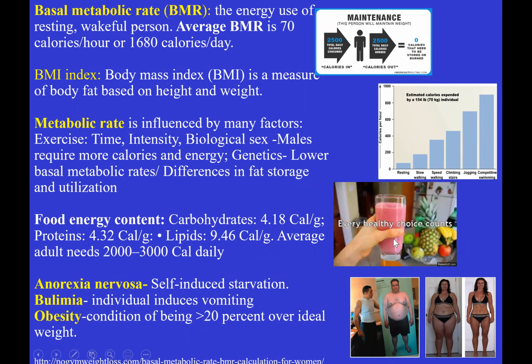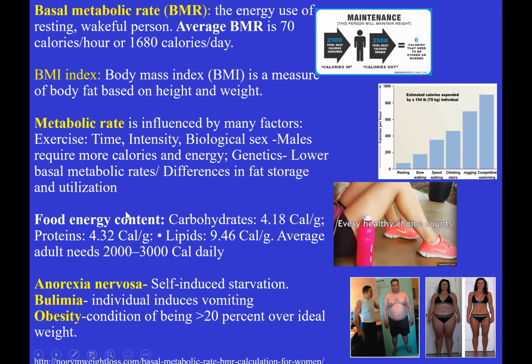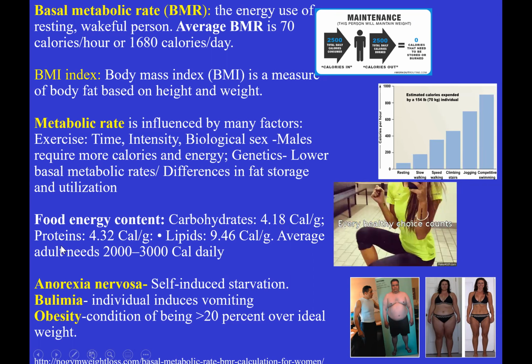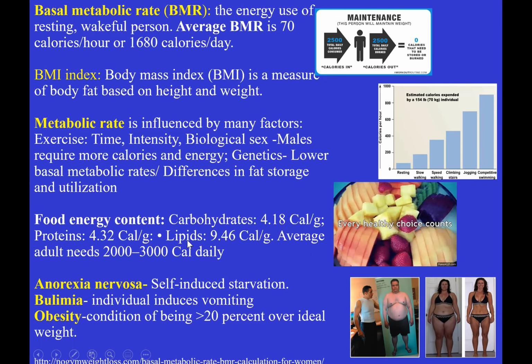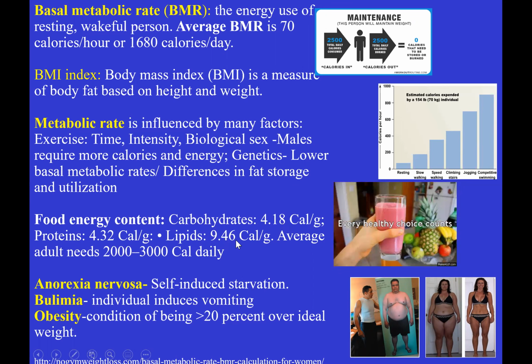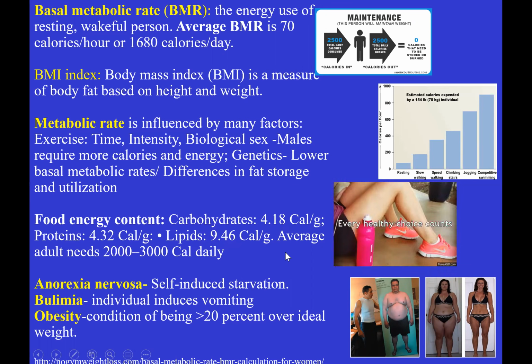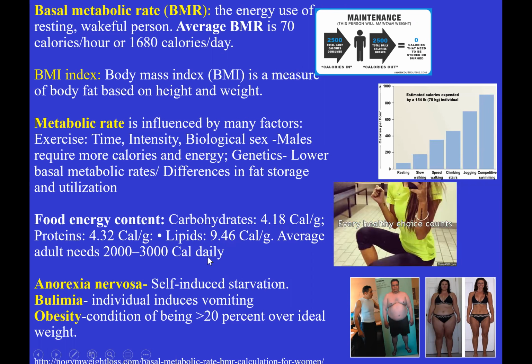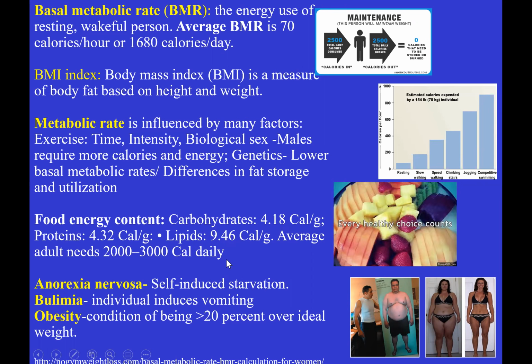So food has calorie value. For example, carbohydrate offers 4 calories per gram. Proteins also 4 calories, whereas lipids give you 9 calories per gram. And depending on your height and sex, you're going to require different amounts of calories.